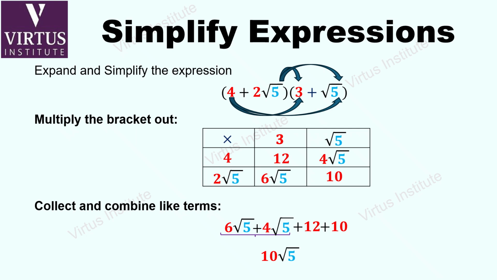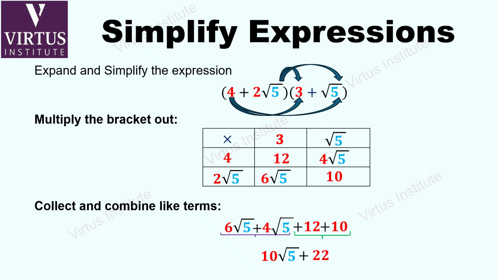Next, combine the ordinary numbers. 12 plus 10 equals 22. Therefore, the final answer is 10 square root 5 plus 22.